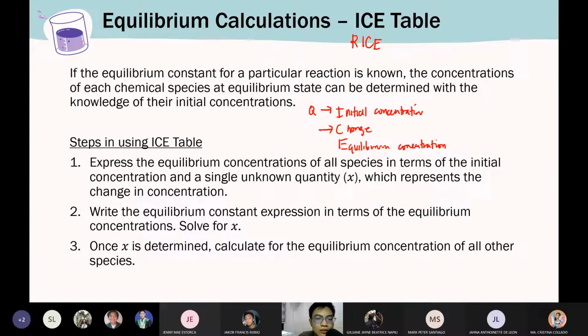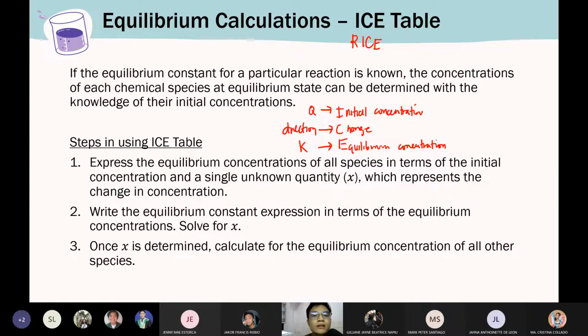And then yung change, ito yung direction. And then yung equilibrium, yun yung K natin. The initial state, bibigay yan sa problem. Yung change, you determine the direction of the reaction. And then yung K, that's the equilibrium concentration. Yan yung final state of the system.